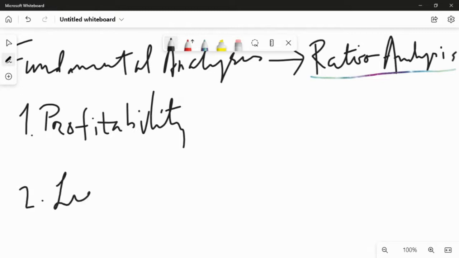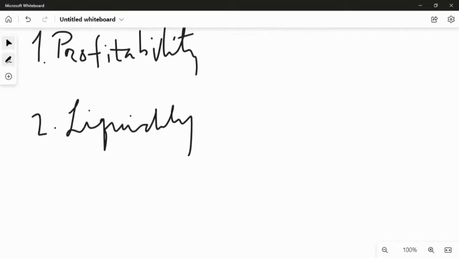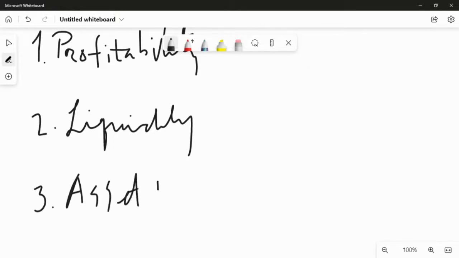Second category is liquidity. Liquidity category ratios are mainly about short-term liquidity. The third category is asset management.